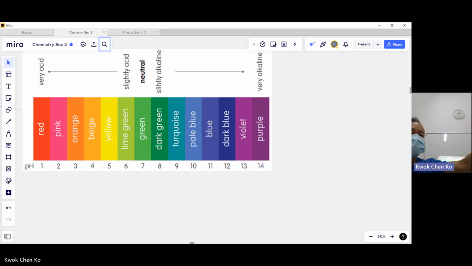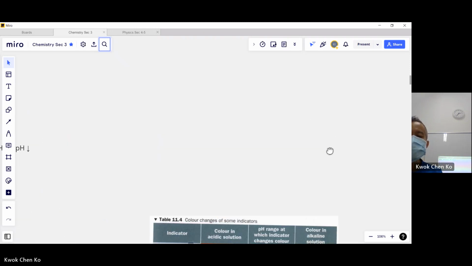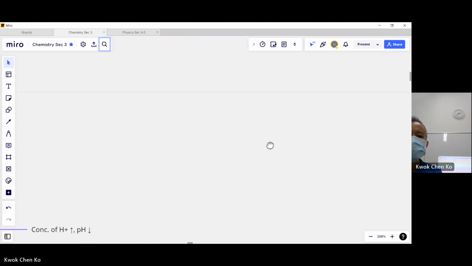No, you can sit here. Okay, come, quick one. Can you tell me what is a base?